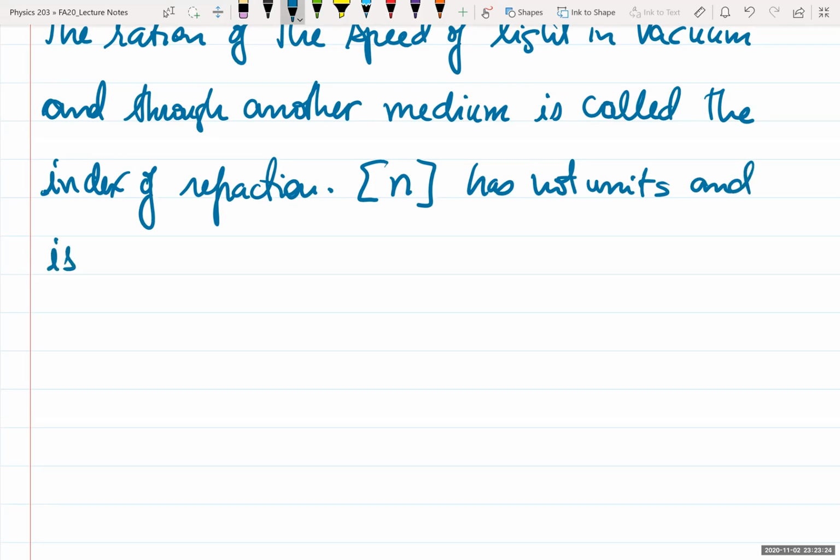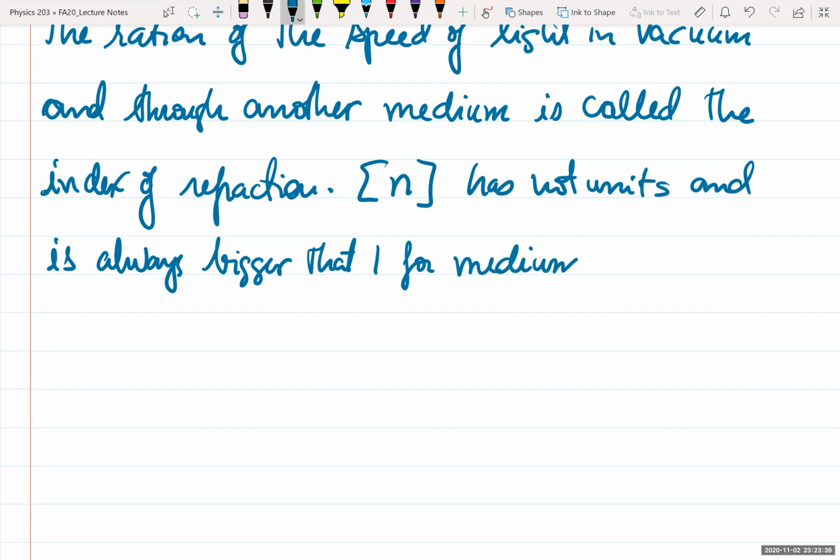It is always bigger than 1 for media that are not air or vacuum.